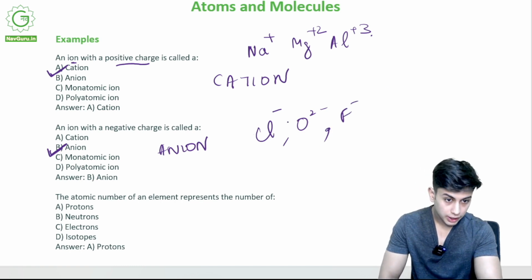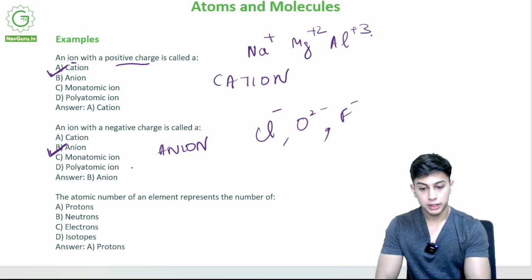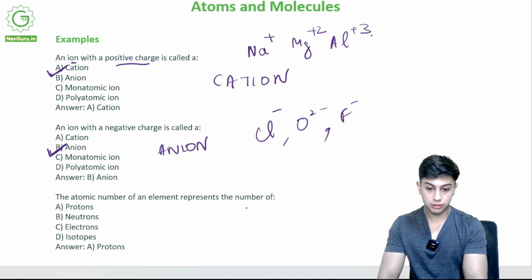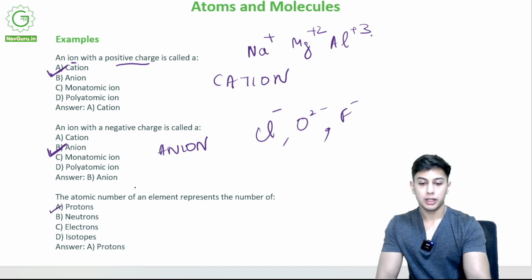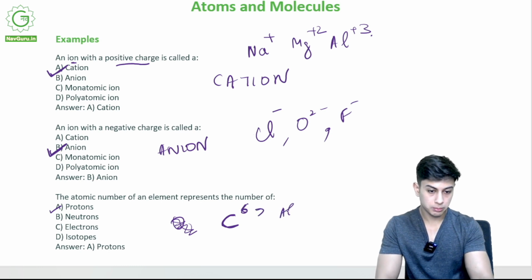These are all anions, electrically charged particles formed by gaining or losing electrons. The atomic number of an element represents the number of protons. If I see an element, supposedly carbon, and I see 6 written, this is the atomic number.